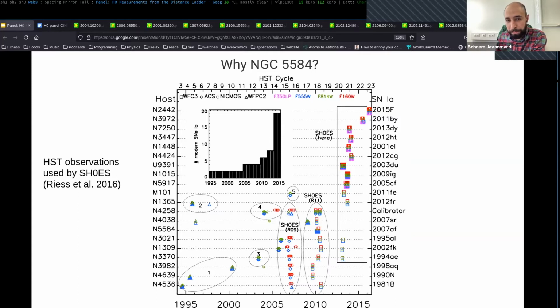But the near infrared band is in the IR channel of this camera in HST. The resolution is lower. It's harder to use only that to detect Cepheids and to measure their brightness in different time epochs. I mean, it's possible, but it's difficult.